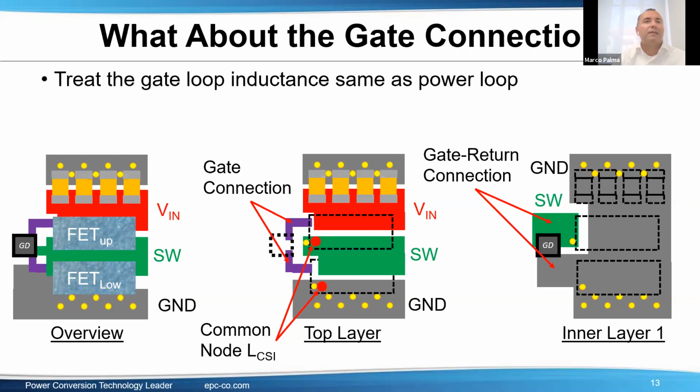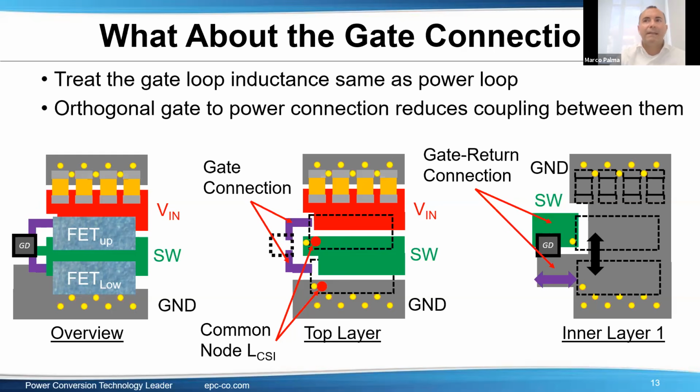So at a certain point, you need to have one via somewhere, because you see here, this is the switch node in the inner layer, and then this one is going to be also part of the ground of the floating well of the gate driver, which is the reference for the high side of the gate driver.